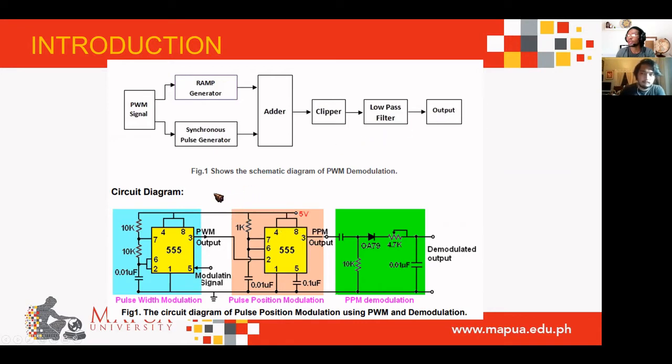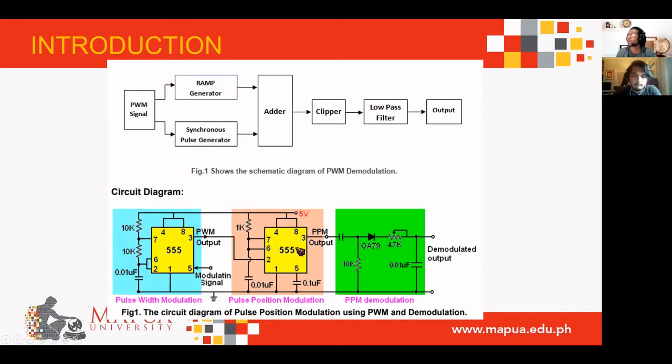You can see in the sample circuit diagram that this process is from pulse width modulation to pulse position modulation. Then from there, the output of the PPM is demodulated using the PPM demodulation circuit. In this circuit diagram, the first process uses a 555 timer as the main component of the pulse width modulation circuit, then processes the pulse width modulating signal into the pulse position modulation circuit.